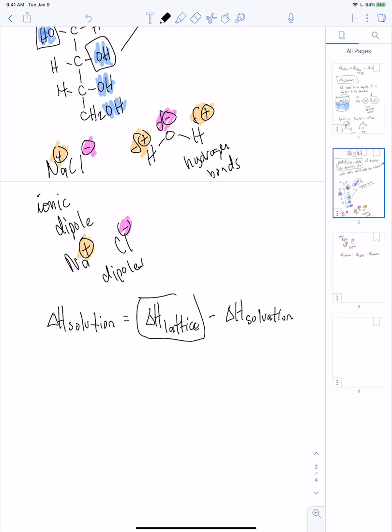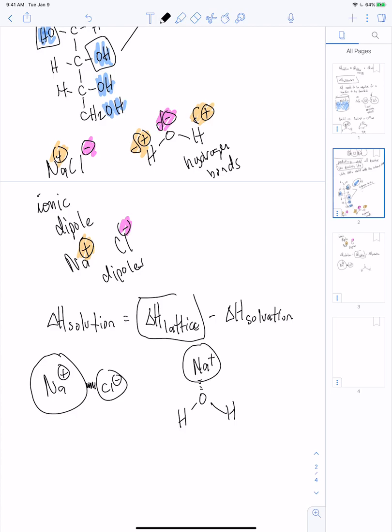This isn't going to change. That's just the energy required, for example, to break apart sodium and chloride. So the lattice energy is like how much energy it requires to separate these two. Delta H of solvation, though, remember, is the delta H associated with forming bonds. So it could be between sodium and this positive or negative part of the water molecule.